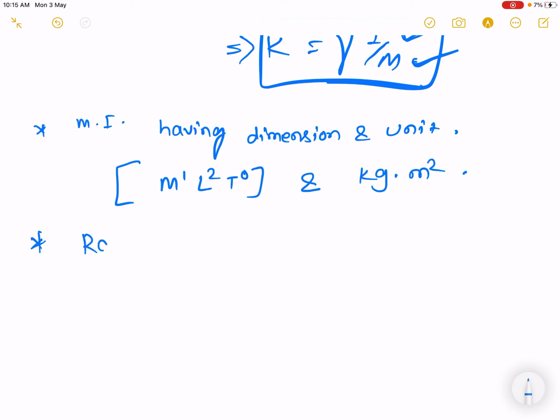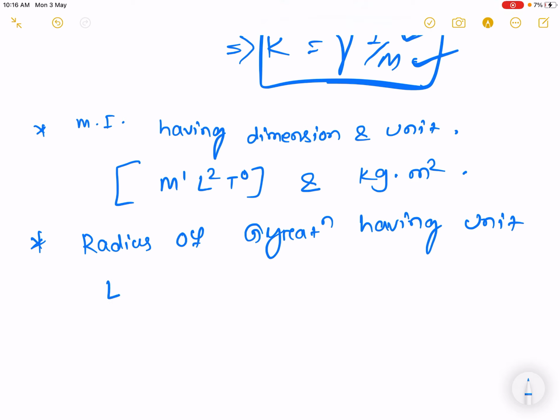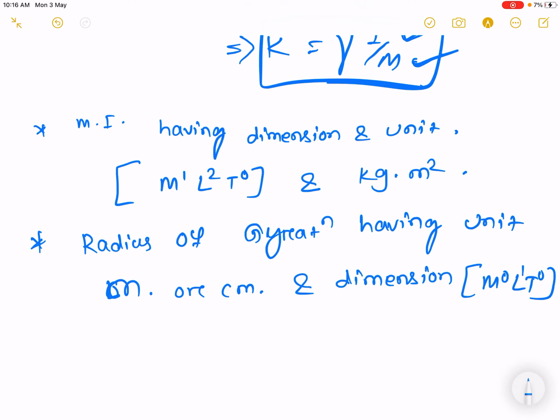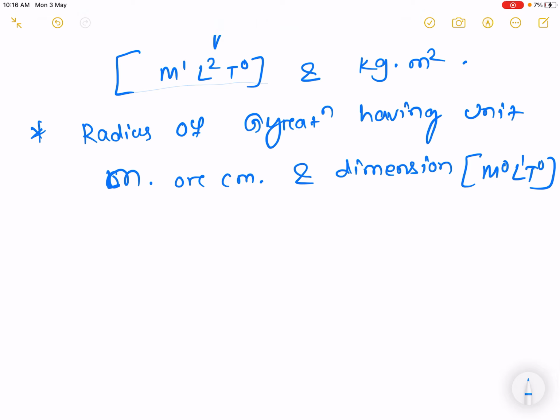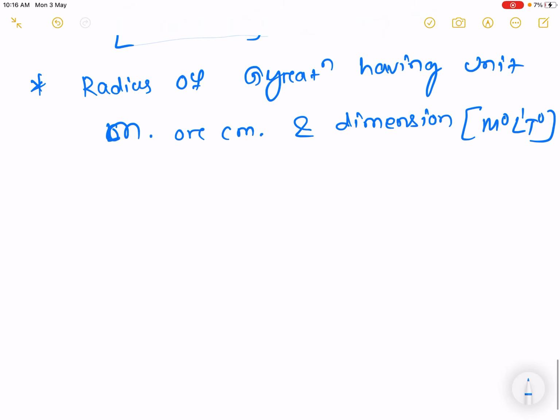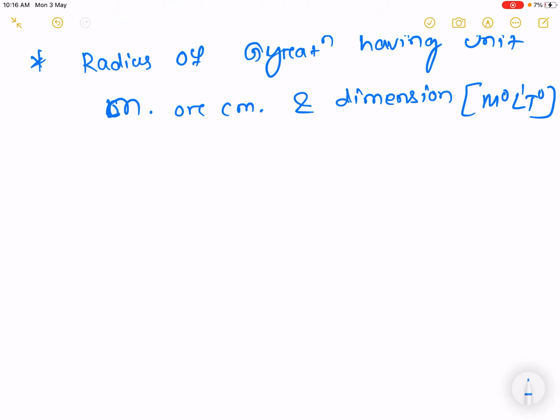Similarly, radius of gyration has unit meter or centimeter and dimension M0, L1, T0. This is all about the moment of inertia and radius of gyration of a rigid body while rotating about an axis of rotation.